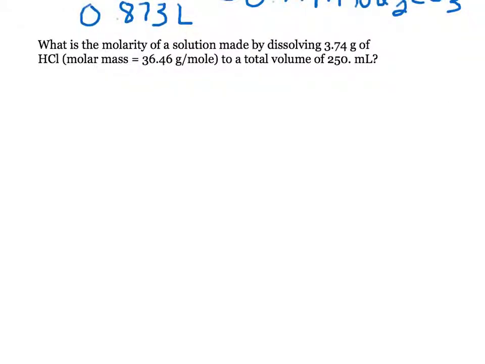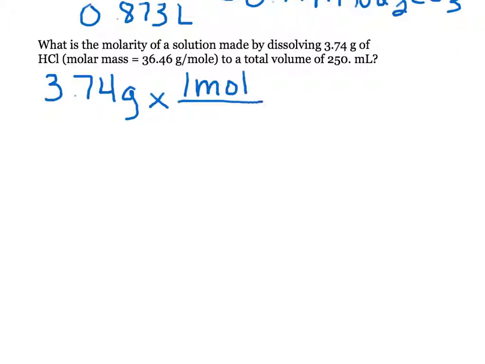Well, then what we're going to need to do is take the grams, which in our example here is 3.74 grams of hydrochloric acid, and 1 mole of hydrochloric acid weighs 36.46 grams.